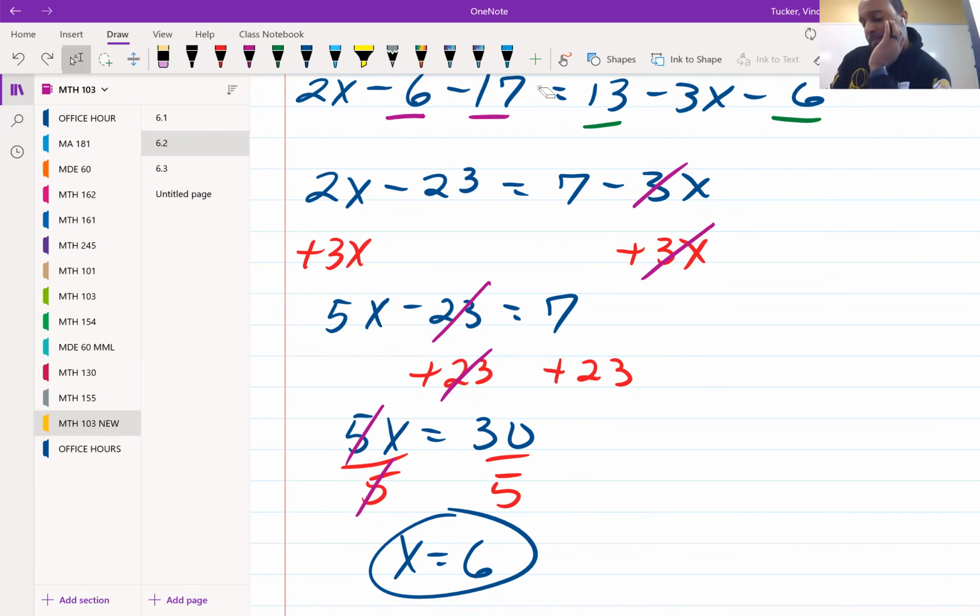And x is equal to 6. All right, any problems before we go to the next one?